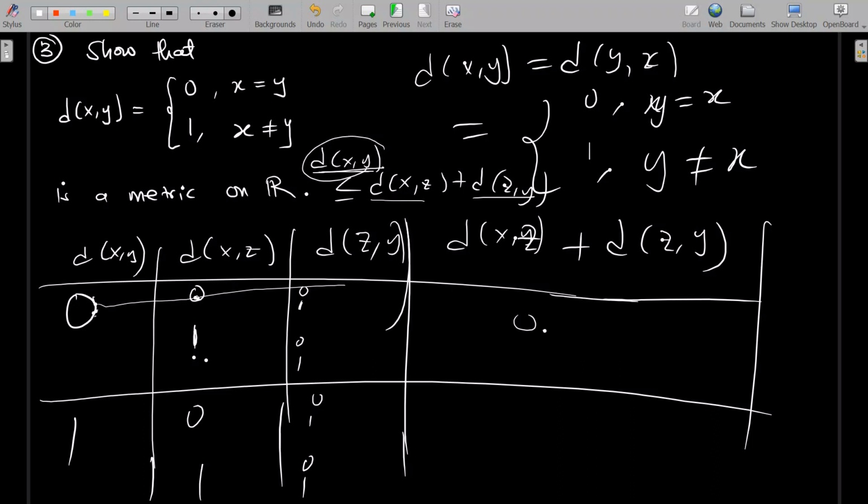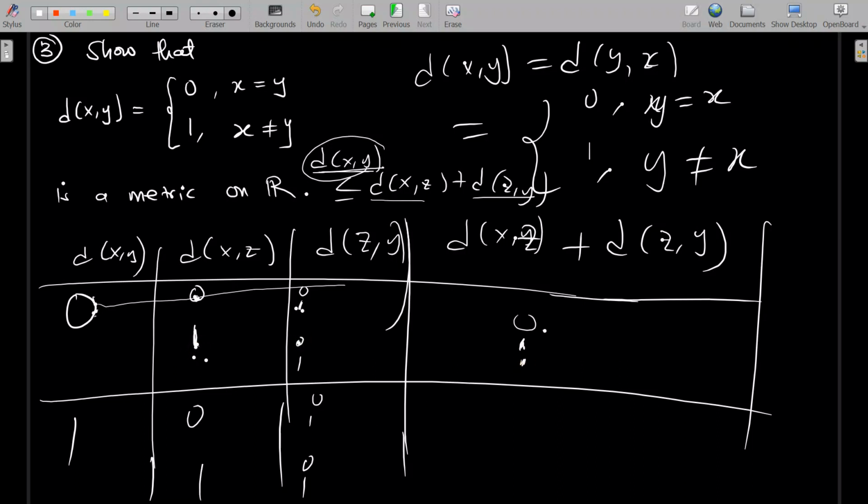So the equality holds. When this is 0 and this is 1, the summation will give you 1. I don't know if you get what I'm trying to do here. And indeed 0 is less than or equal to 1 because 0 is less than 1. But when this is also 0 and this is 1 and this is 0, you still have 1.